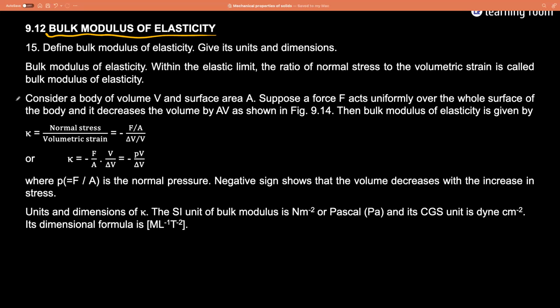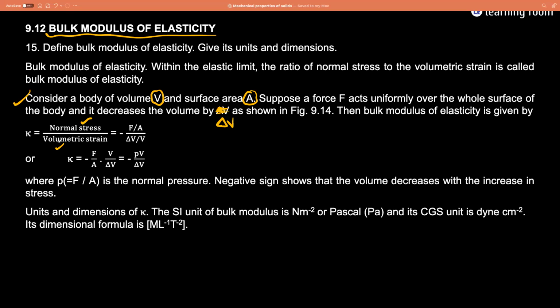Okay. So if you consider an object of volume V and surface area A, suppose a force F acts uniformly over the whole surface of the body, and the volume decreases by delta V. It's not A V, it is delta V. Then the bulk modulus of elasticity is given as normal stress divided by the volumetric strain.